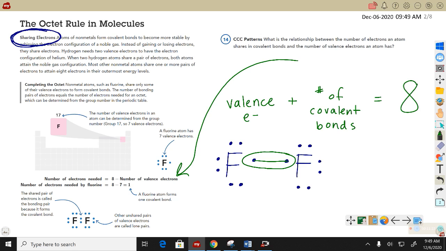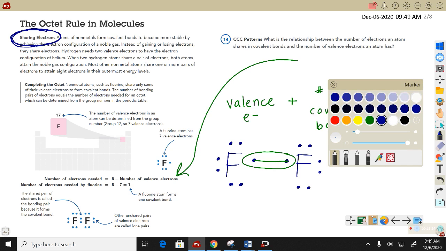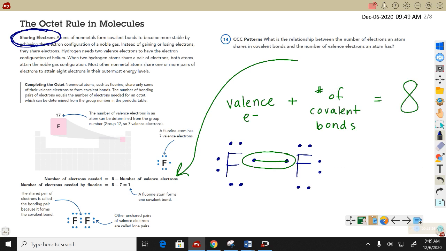Now, when you think about oxygen, and really anything in the oxygen family, oxygen has 6 valence electrons, and we normally drew them as 1, 2, 3, 4, 5, 6, to show the way the orbitals would be distributed with their electrons.